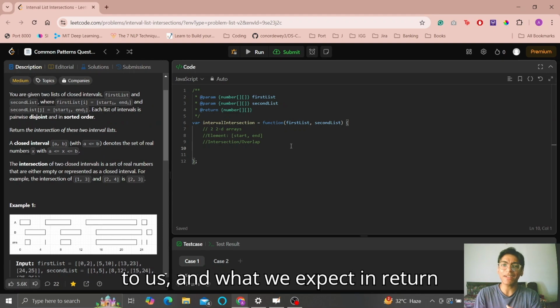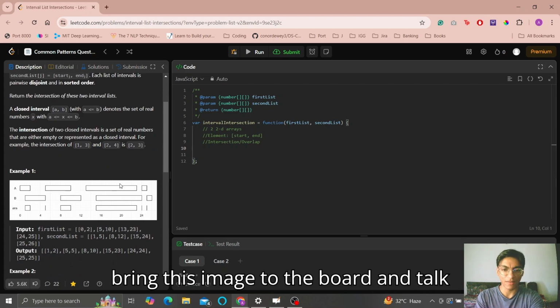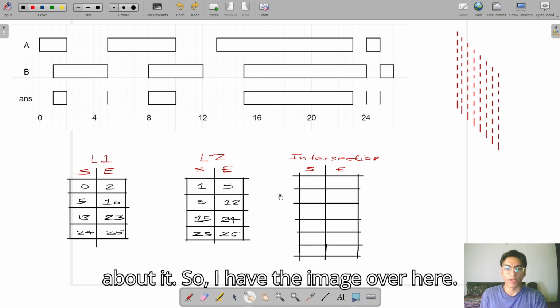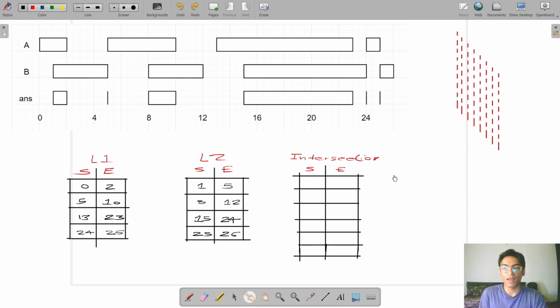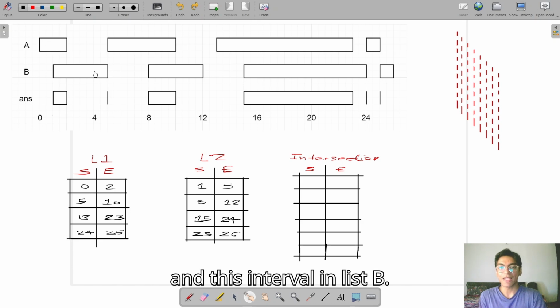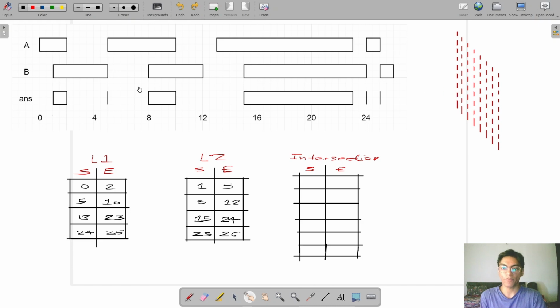And what they expect in return is the overlap. All right, for that, let's bring this image to the board and talk about it. So I have the image over here. By overlap, they mean, let's say we have this interval in list A and this interval in list B. So their overlap would be something like this, right?